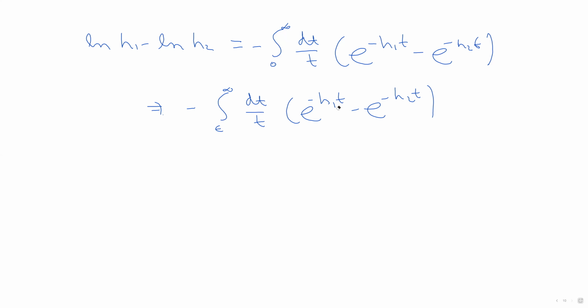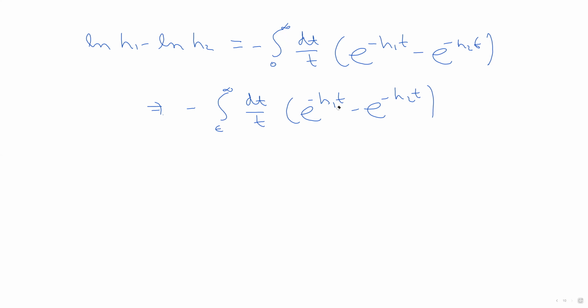This you can always do. Once you have written it from epsilon to infinity, individually these don't have a singularity at t equal to 0, because t equal to 0 is outside the range anyway. Now you can change variables here as well as there.